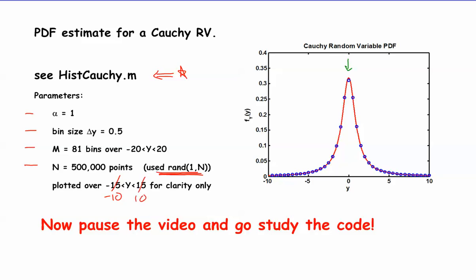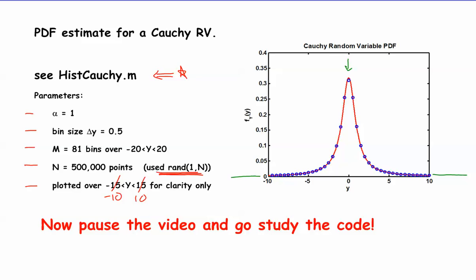I plotted over the range minus 10 to plus 10 because my PDF estimate gets arbitrarily close to 0 way out in the wings, and my peak was kind of skinny and scrunched up. So purely for clarity, I plotted my results over the range minus 10 to plus 10.